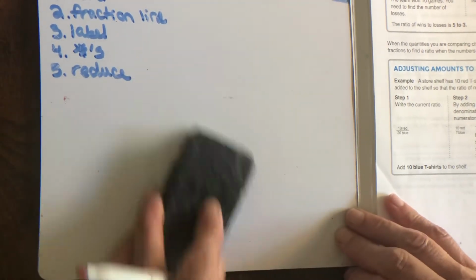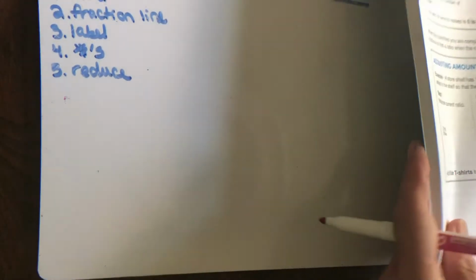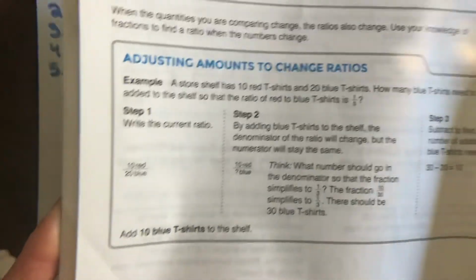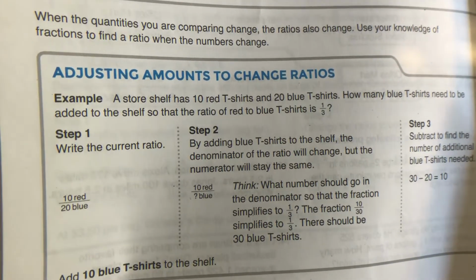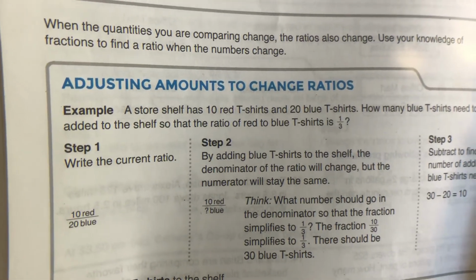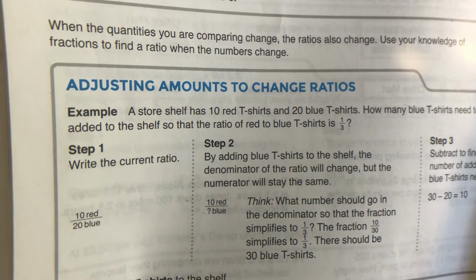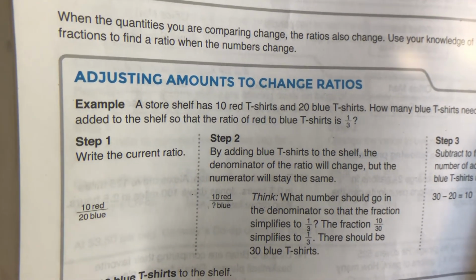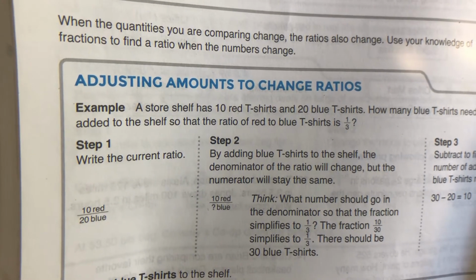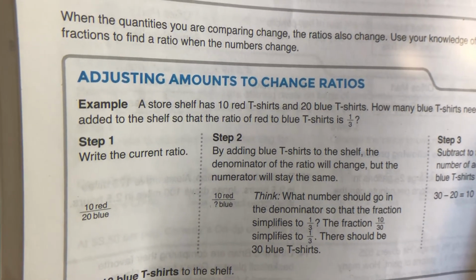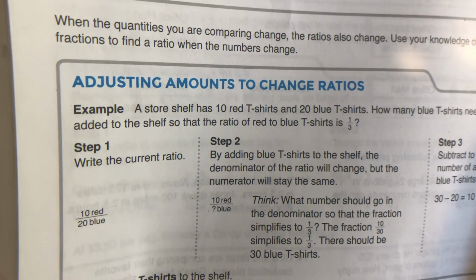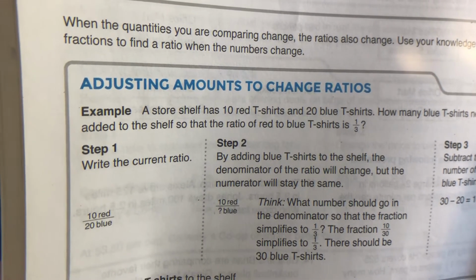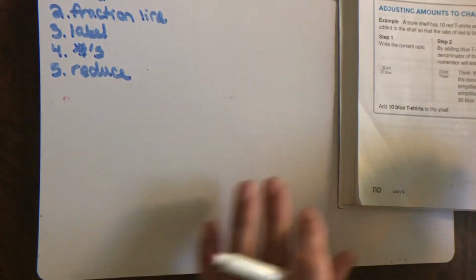Okay, so let's do another one. This other example. A store shelf has 10 red t-shirts and 20 blue t-shirts. How many blue t-shirts need to be added to the shelf so that the ratio of red to blue t-shirts is 1/3, which looks like 1/3, but when it's ratio, we want to say 1:3. Okay, now that's kind of a weird problem.